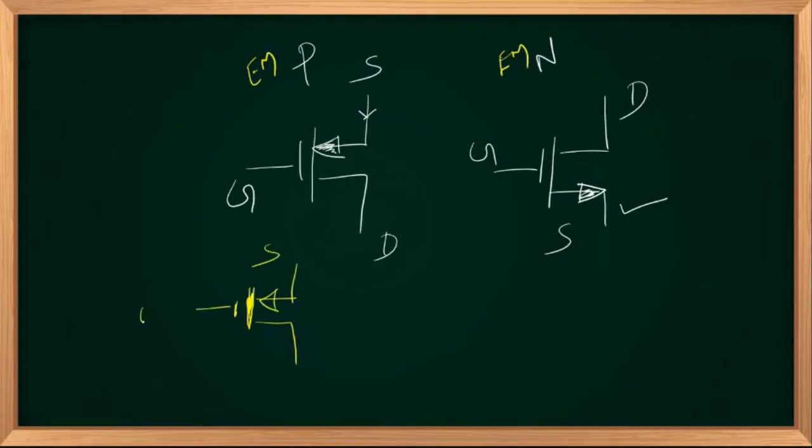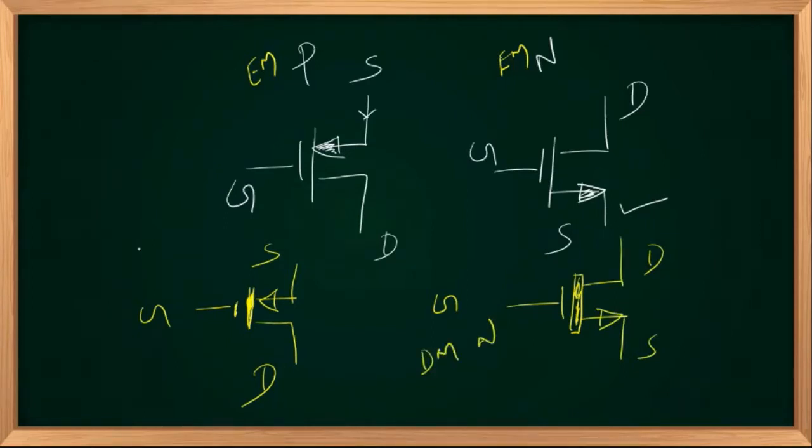Rest all are the same. Here also a channel exists, so this should be thicker. Gate, drain, and source. So this is for depletion mode N. This is for depletion mode P. Right?